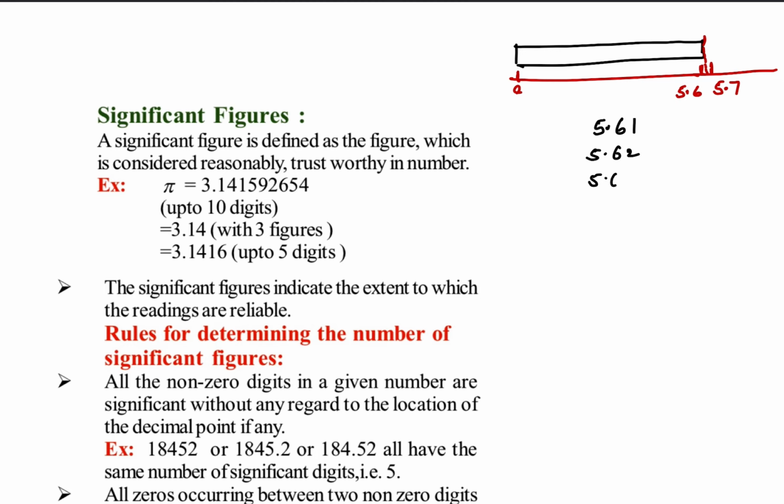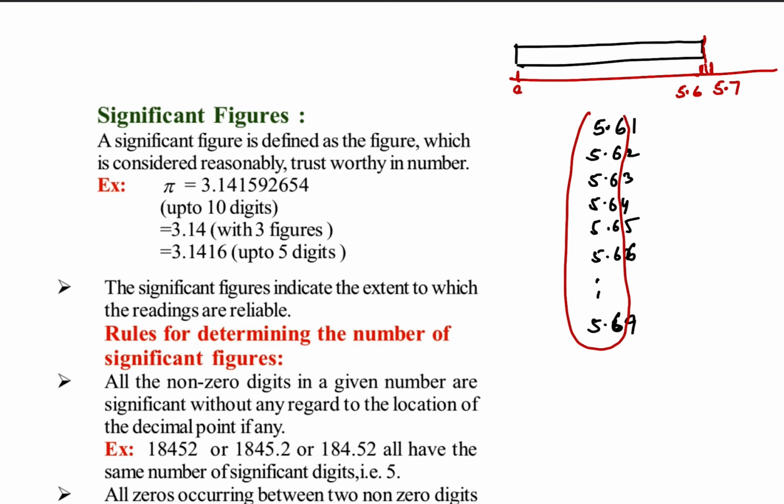In that case, what can be the result? We can see 5.6 is confirmed. It may be 5.61, it may be 5.62, 5.63, 5.64, 5.65, 5.66, up to 5.69, you will write.